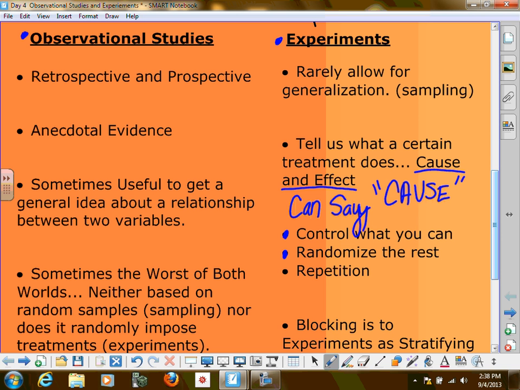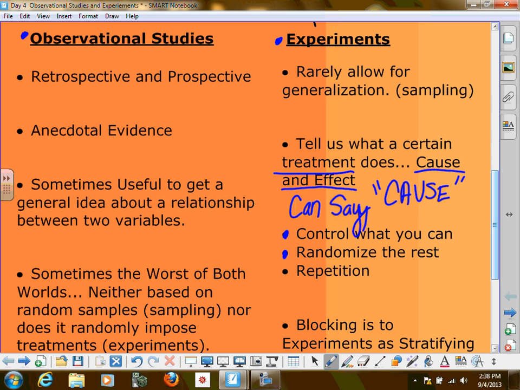You then give one group the treatment and one group does not have the treatment. So the only difference between the two groups is what? A treatment. And then you follow them. And if at the end there's a significant difference, then you have found that the only way there's a significant difference is because you gave them a treatment.